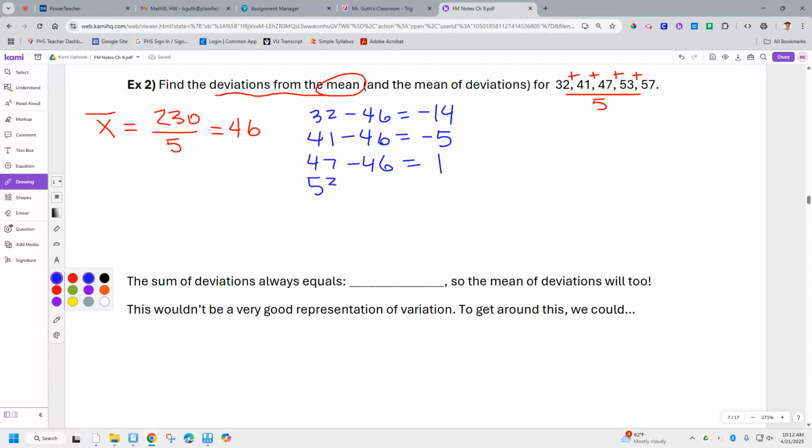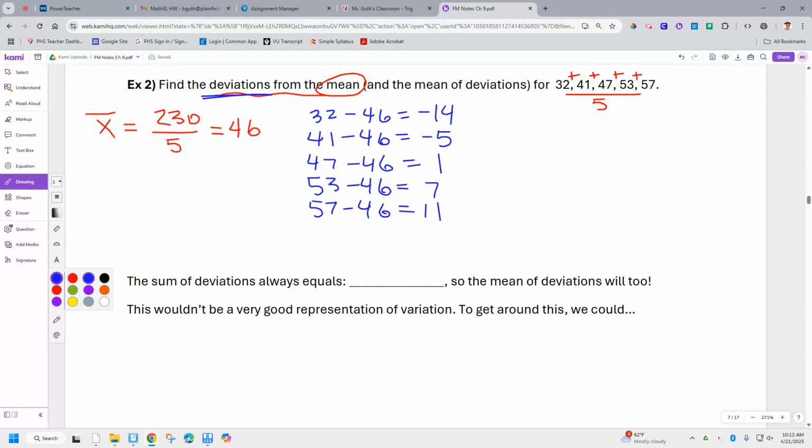The next number, 53, is 7 above the mean. And 57 is 11 above the mean. So when it says find the deviations, those would be the deviations.